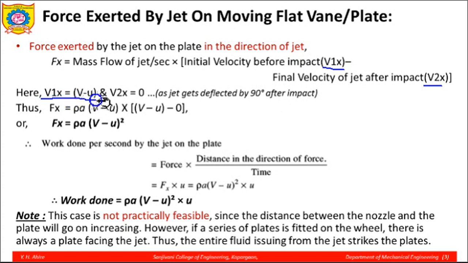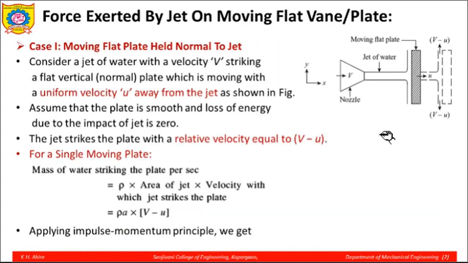V1x is the relative velocity V minus u, and V2x, the final velocity after impact, will be 0. Why 0? Because after the impact the jet gets diverted, as you see here. After the impact the jet gets deflected by 90 degrees.